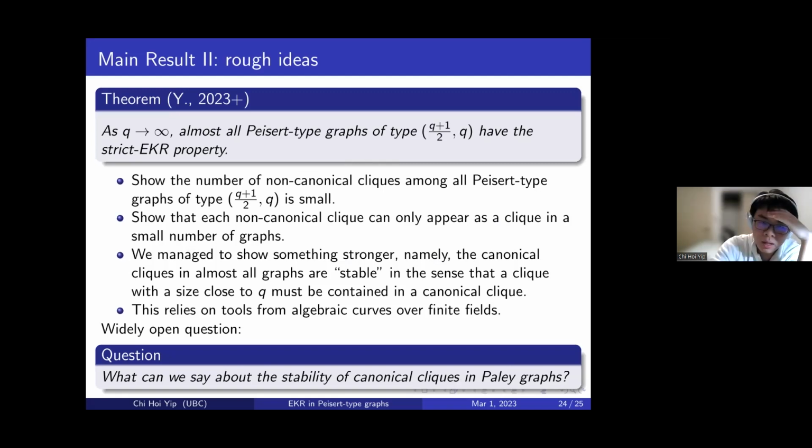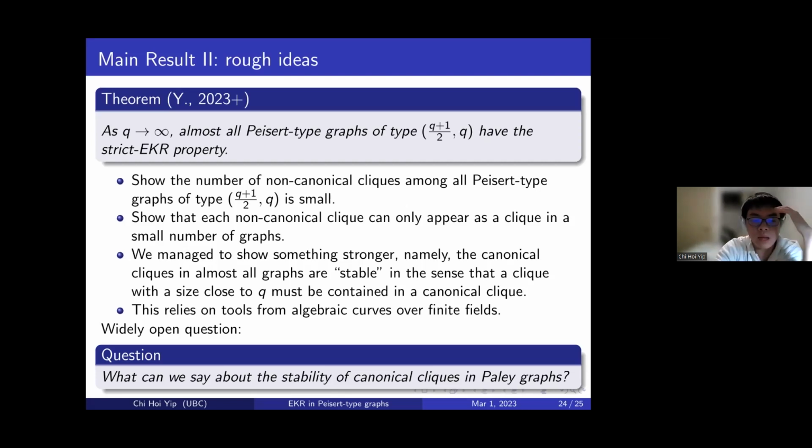We know that those non-canonical cliques have to be subspaces with the right size. So we can use the Gaussian binomial coefficient to estimate the number of non-canonical cliques. And then it remains to show that each non-canonical clique can actually appear as a clique in a small number of graphs.